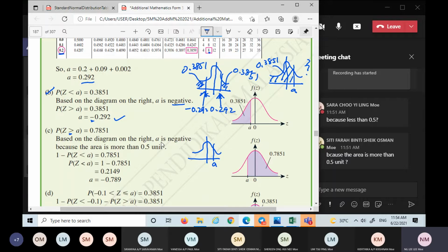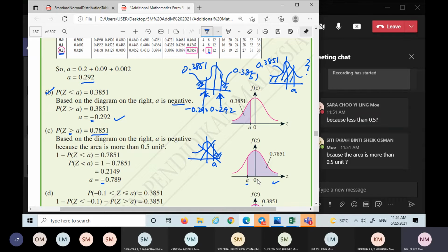If bigger than A, it means shade on the right hand side of A. Is the area a small tiny area, or should it be bigger than 0.5? Therefore again your A is negative. So don't choose this one.